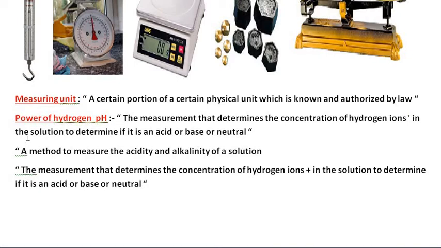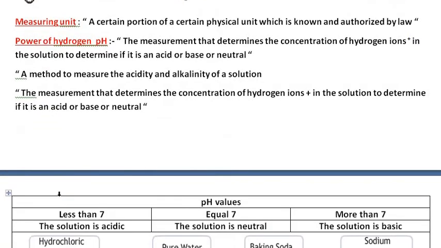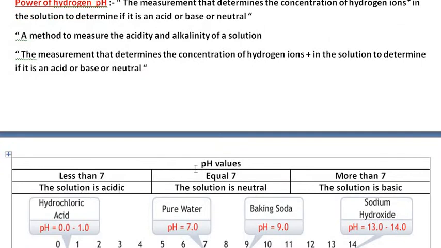Also, the pH value is a measurement that determines the concentration of hydrogen ions in the solution to determine if the solution is acidic, basic, or neutral. The pH value is measured by a tool or a device called a pH meter.